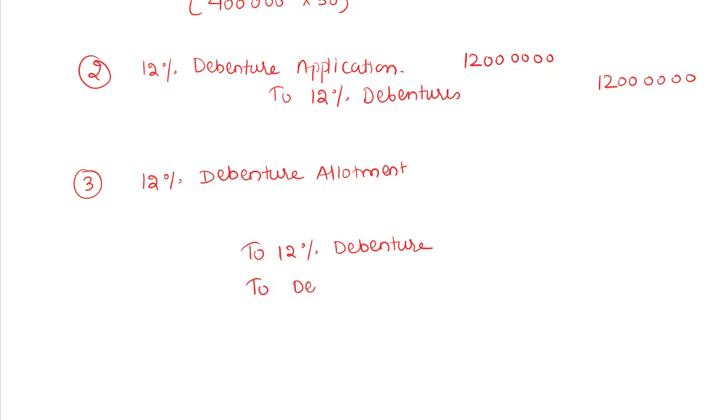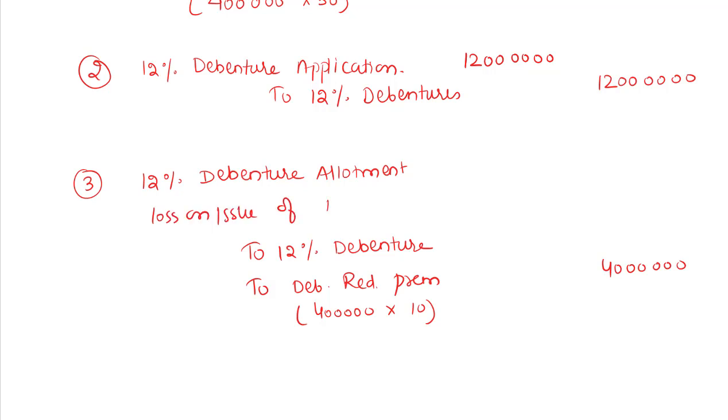So debenture redemption premium, 4 lakhs multiplied by 10, 40 lakhs, and this would be the loss on issue of debentures, 40 lakhs, and 280 lakhs.